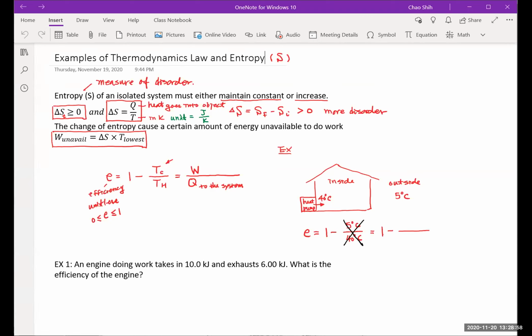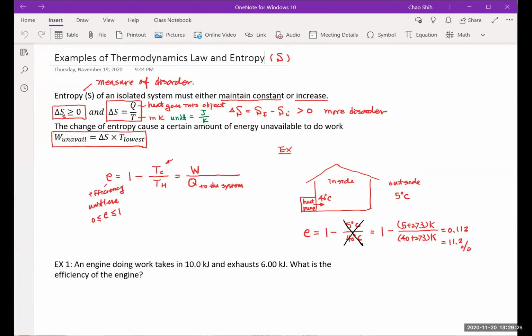That will be 5 plus 273. And the hot is going to be 40 plus 273. And if you do this calculation, you're going to get the number is about 0.112, and that represents 11.2% of the efficiency.